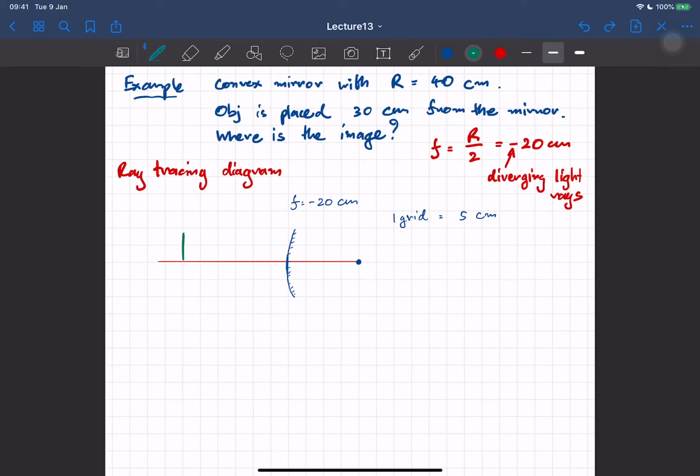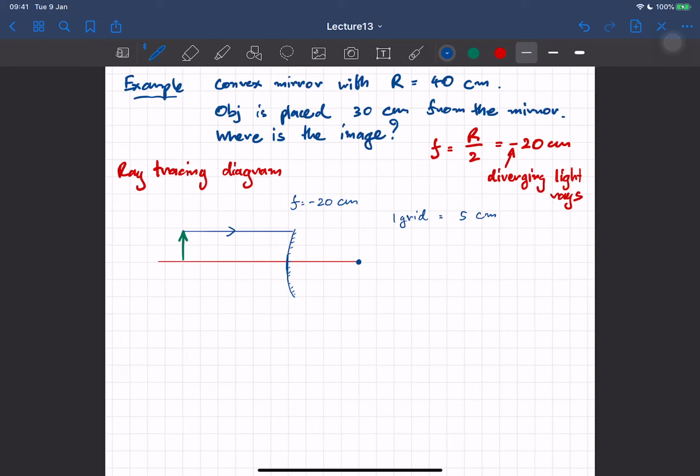So the object is here, right? 30 centimeters away from the mirror. And then we're going to draw 2 lines again. I might switch the color compared to what we did in lecture 12. But the first thing we're going to do is always the line going parallel to the optical axis like this.